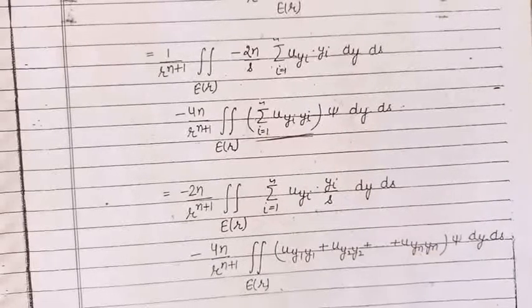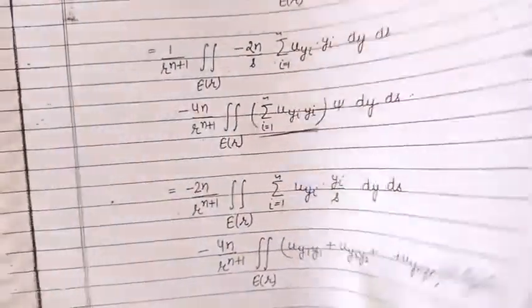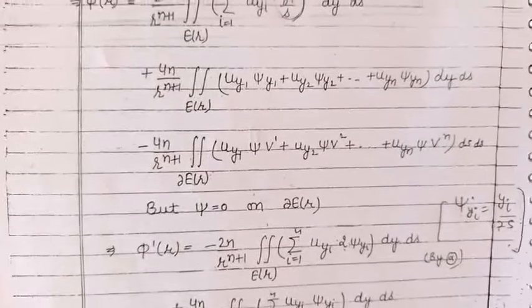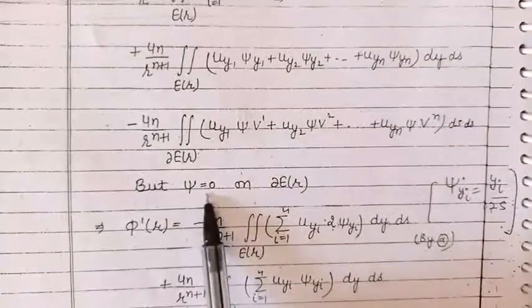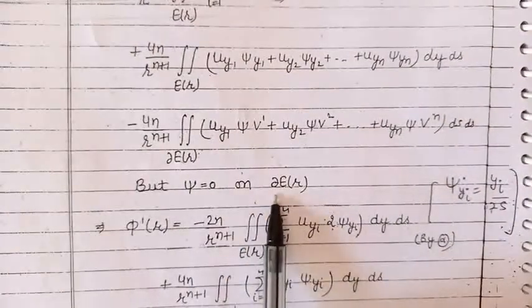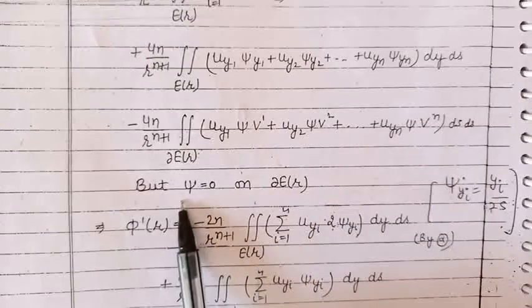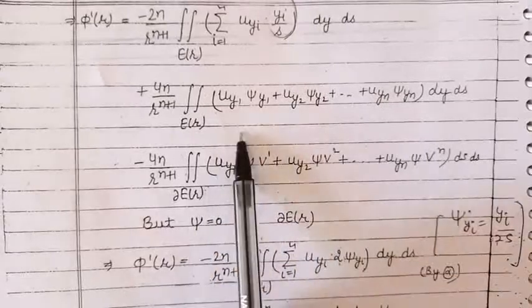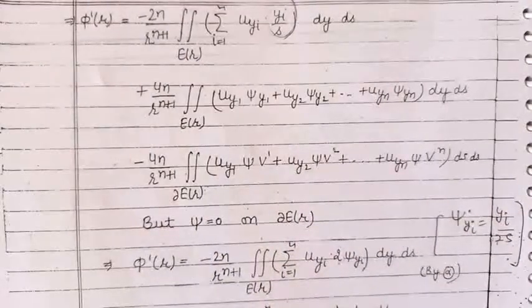Now finally let us again apply the integration by parts formula, and again using the property that on the boundary of the ball the function psi is 0, the terms corresponding to the boundary in this expression will be 0.